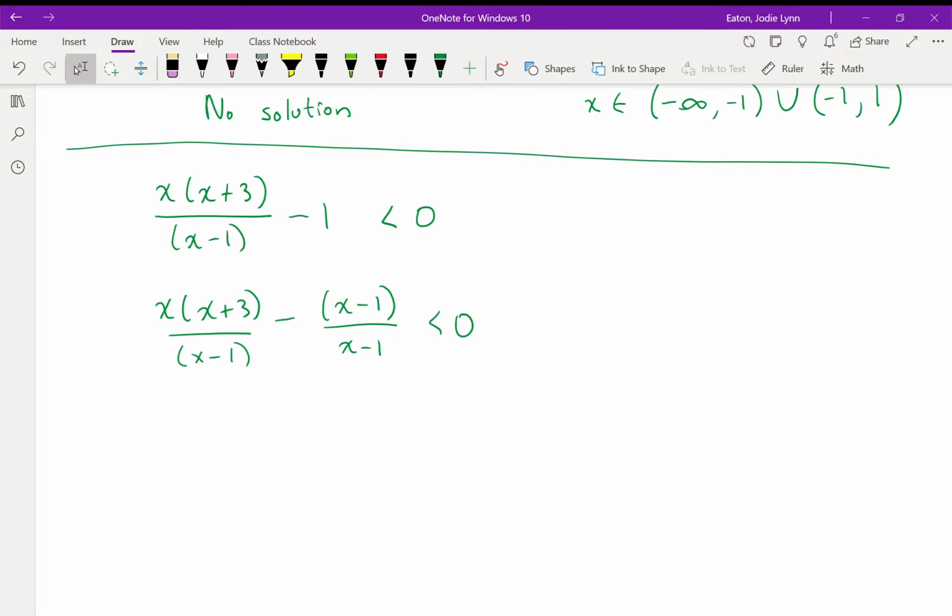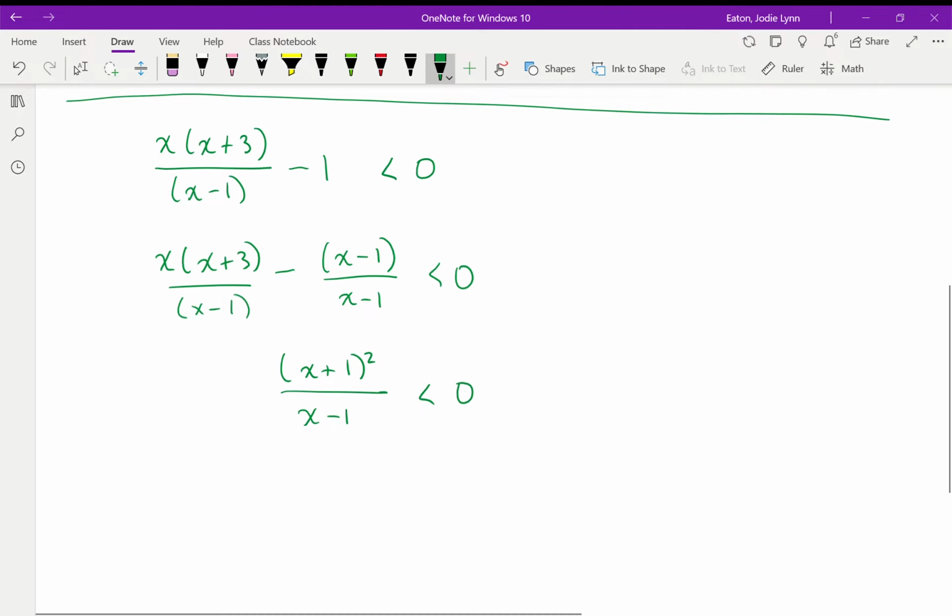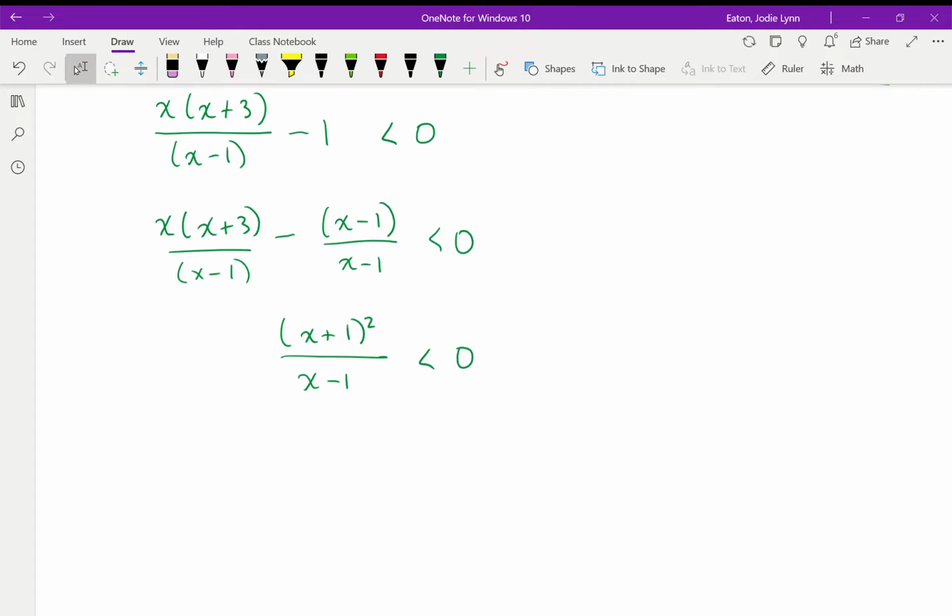So when we simplify up here, we still get the same thing, so that we get x plus 1 squared over x minus 1 is less than 0. Okay, so when we look here, we know that the top part is always going to be positive.